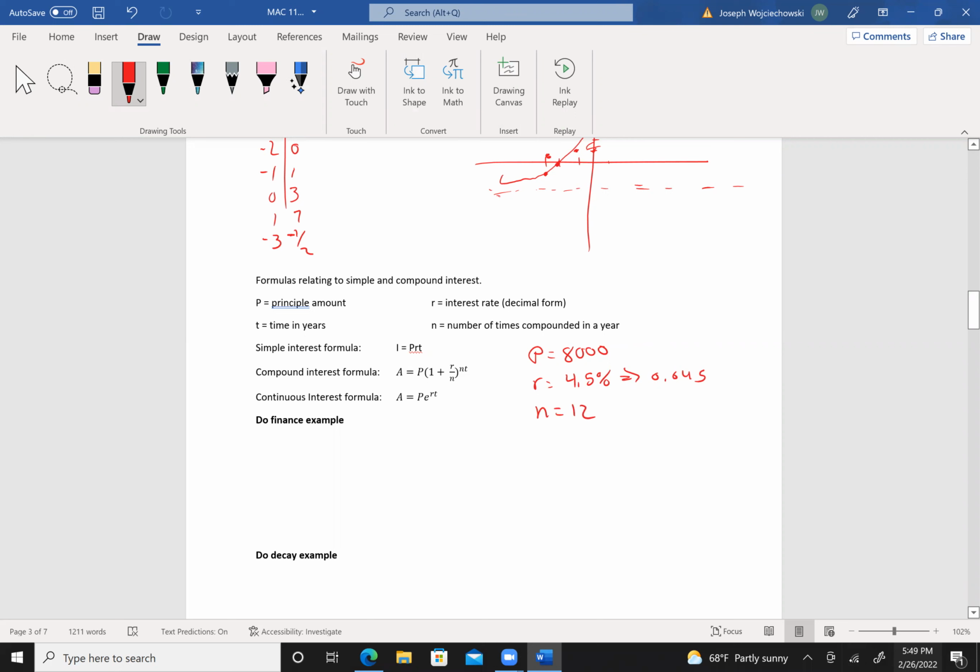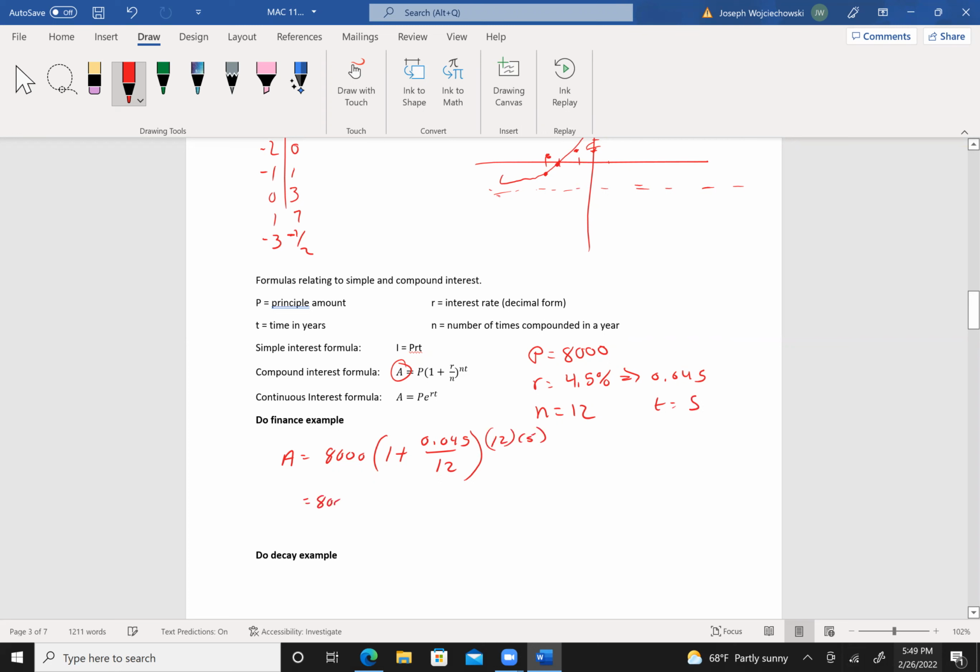We want the total amount in the account after 5 years. That's what A is. So we have A equals our principal times 1 plus our rate, 0.045, divided by the number of times, 12. And I forgot T is 5 in this case, to the 12 times 5.